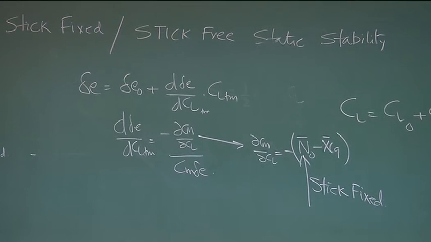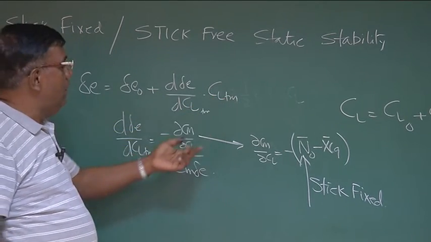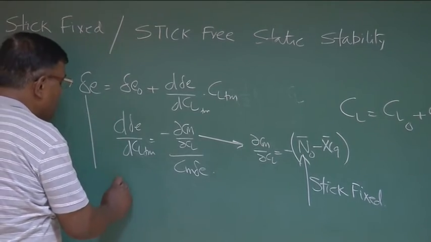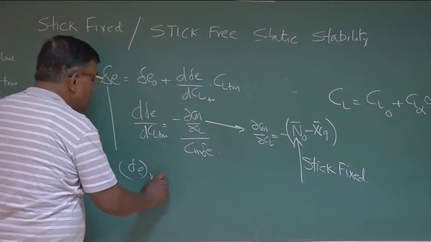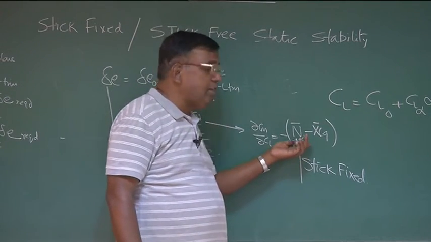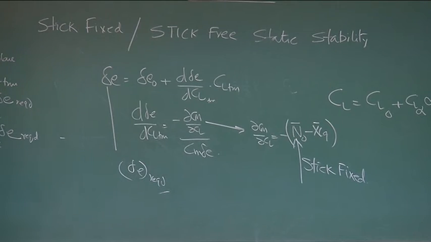So what is the message? The message is, if you want to fly at a particular CL trim, once you know these values, you know what the delta E required is. And here we use the concept of a stick fixed neutral point. Correct? Why do you say stick fixed neutral point?